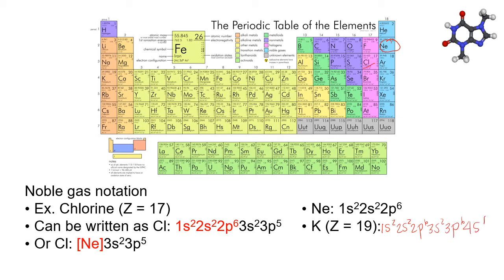The noble gas that precedes potassium is argon. The electron configuration of argon is this series of completely filled orbitals in potassium. So, the noble gas notation for potassium can be written as argon 4s1.